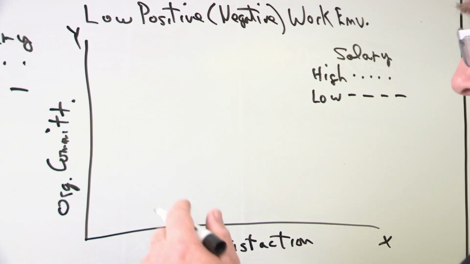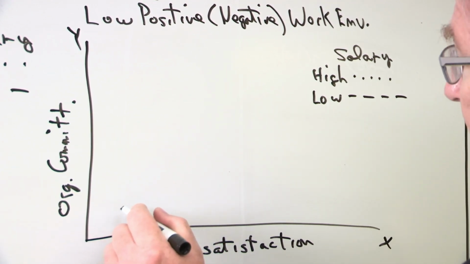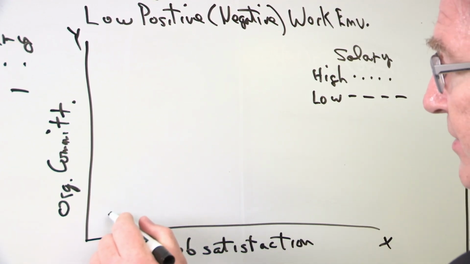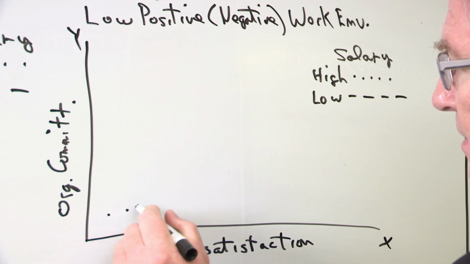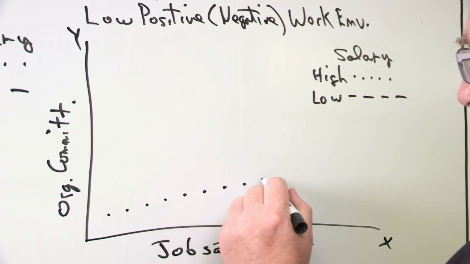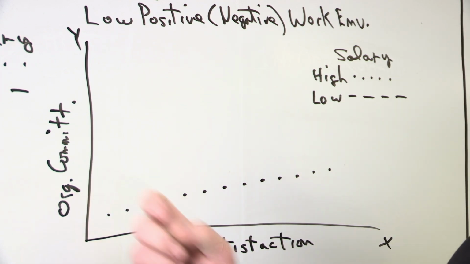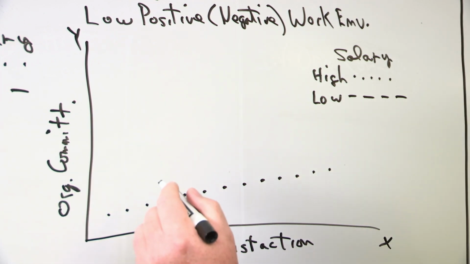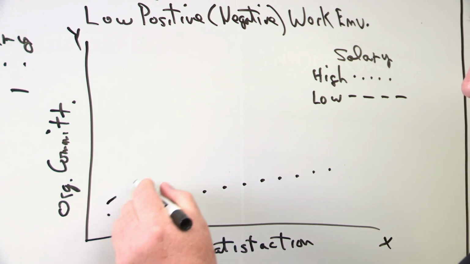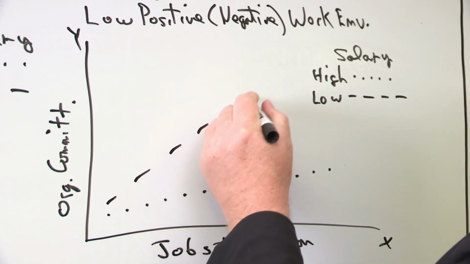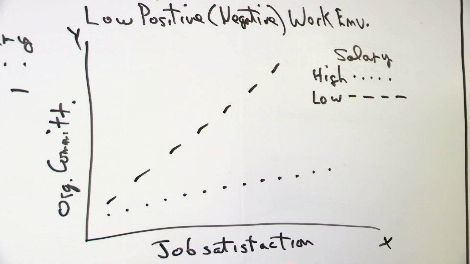And here we find that for high salary employees, we continue to not have an effect of job satisfaction on organizational commitment, but among low salary employees, we have a strong effect of job satisfaction on organizational commitment.